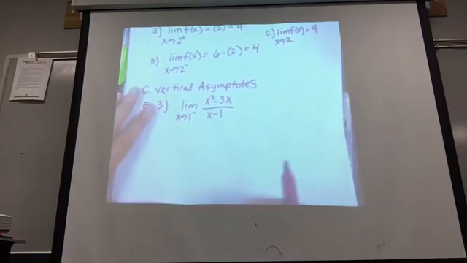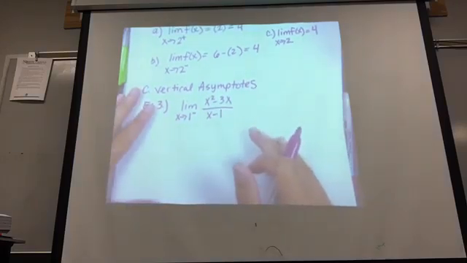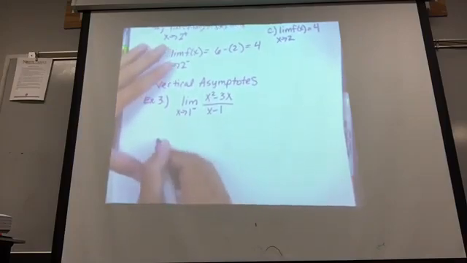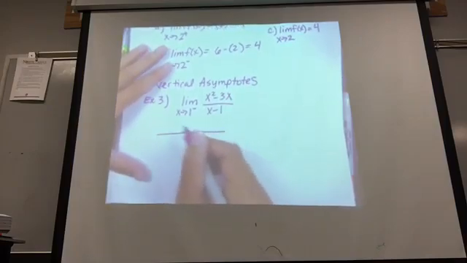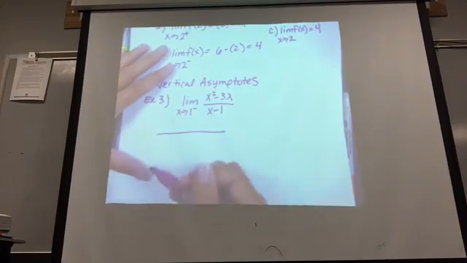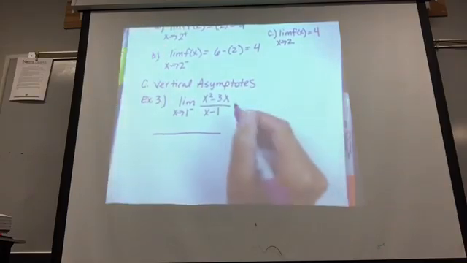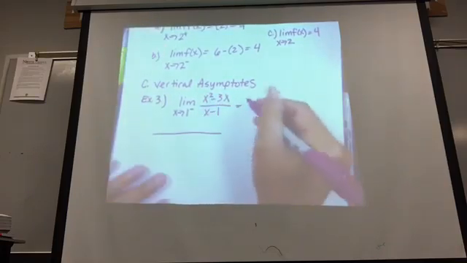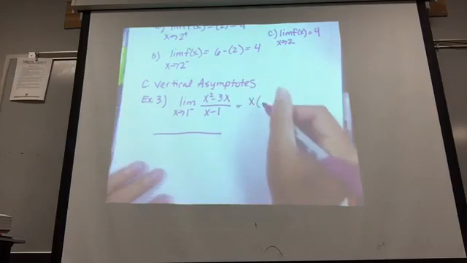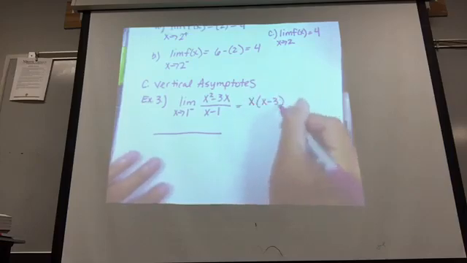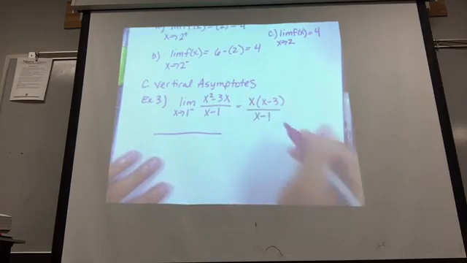And if we use our sign analysis, that's going to tell us. So remember, on our sign analysis, we put our vertical asymptotes and our zeros. So if I factor the top, I have x times x minus 3 over x minus 1.